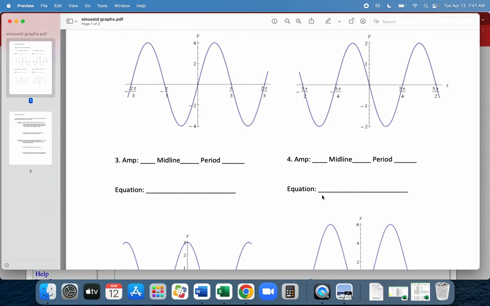In other words, it hasn't been shifted anywhere, and we're thinking of rotation around a circle relative to the center of the circle. So the midline on all of those is the horizontal line that's the x-axis, that's y equals 0. And it is in these questions 1 and 2 also. These go equally above and below the x-axis, so the horizontal line y equals 0. Midline, y equals 0.